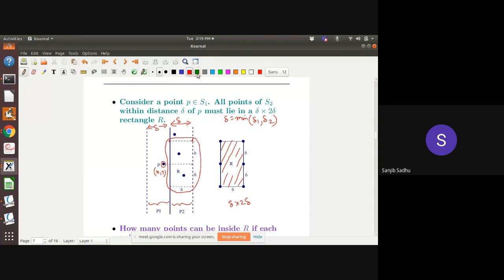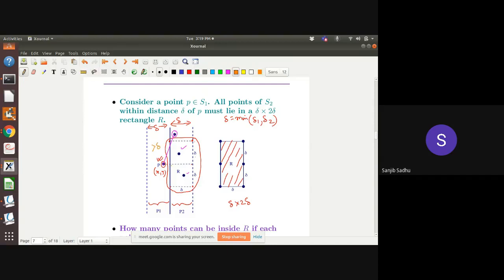Now, I will compute the distance between this point and the points lying within this zone R. You see, I am sure the distance between this point and this point will be greater than delta.